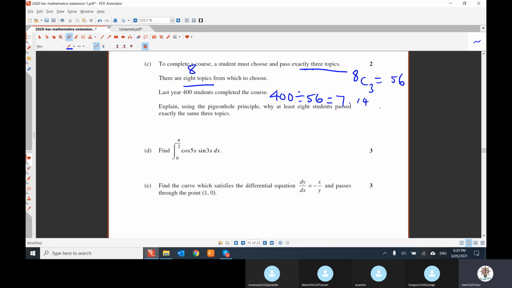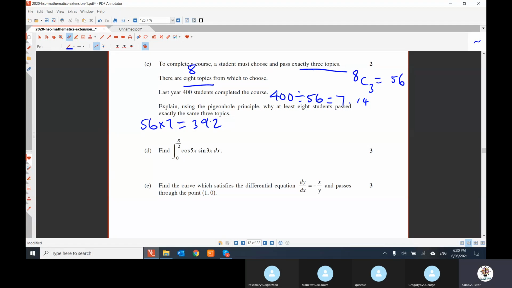There are 56 different combinations for choosing 3 courses. If each combination has 7 students choosing them, that is 56 times 7, becoming 392. So if there were only 7 students in each one, there would only be 392 students altogether.